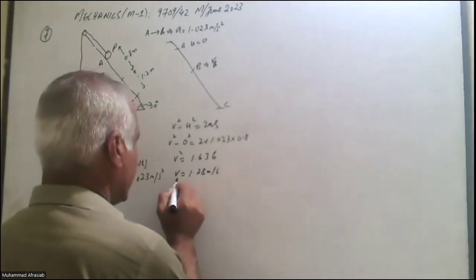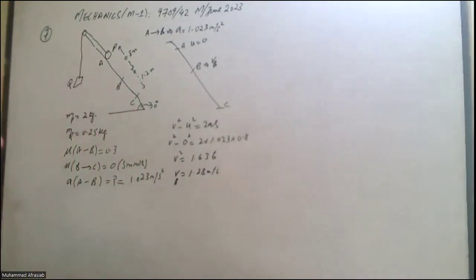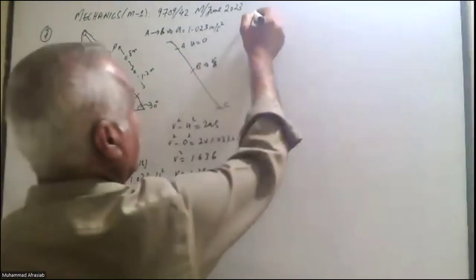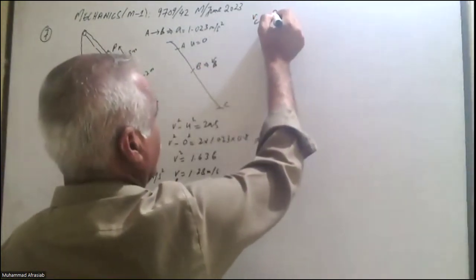But this is the speed at B. Now we have to find out the speed at C. This thing we are going to calculate.